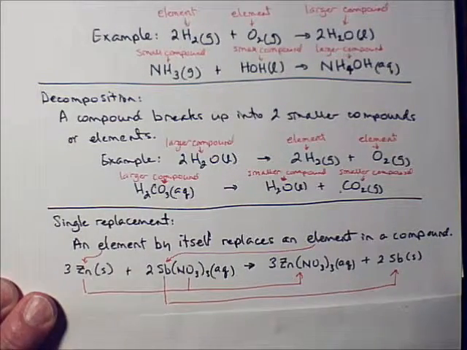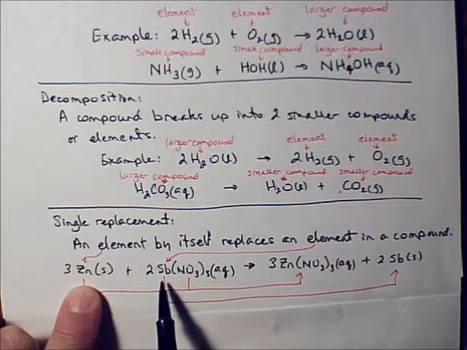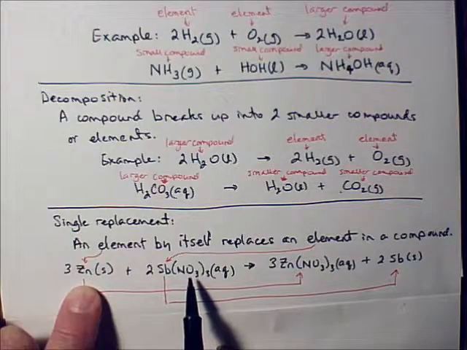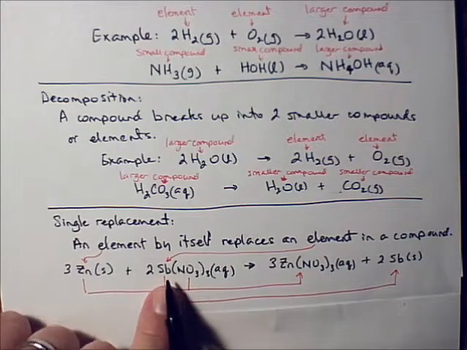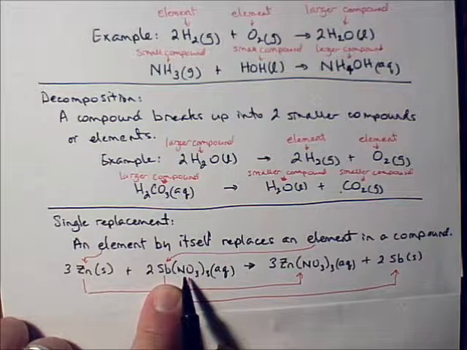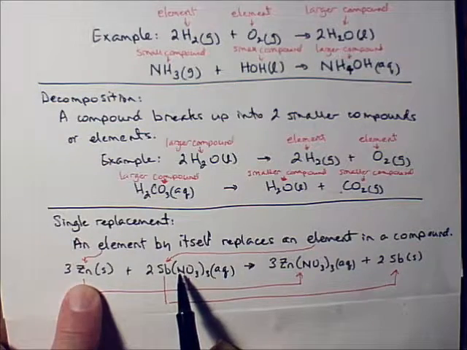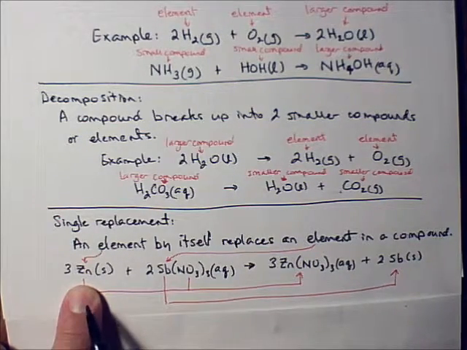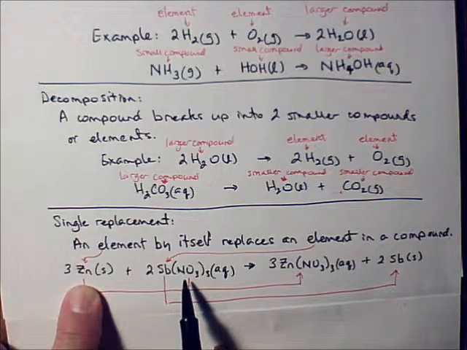Okay, let's say that instead of this being zinc, this is Julia. And instead of this being antimony, let's say this is Caitlin. And the nitrate here, let's say it's Zane. So, Caitlin and Zane go out on a date. And where they go, they happen to just run into Julia. Well, Julia really likes Zane.